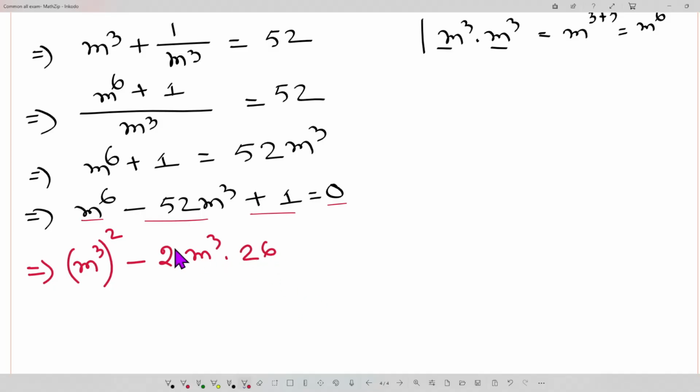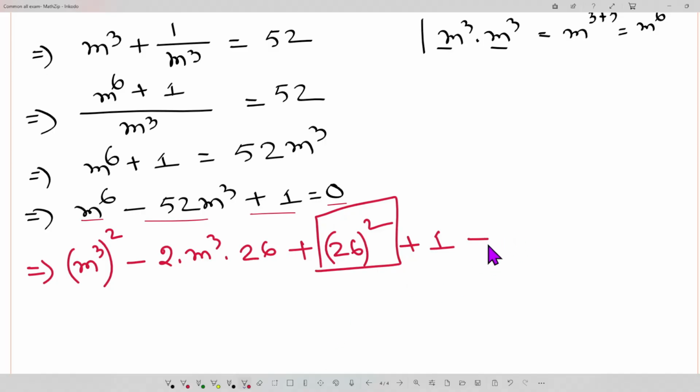So look, 26 times 2 will be 52. So this 26 also we need 26 square, right? It's a common thing, and here is a plus 1, but in total we added, so we have to subtract this one, otherwise the expression will not be equal. So 26 square equals 0, right?